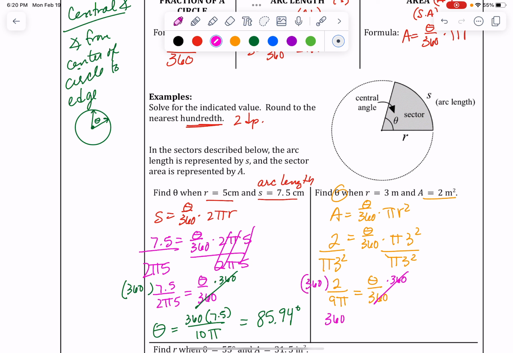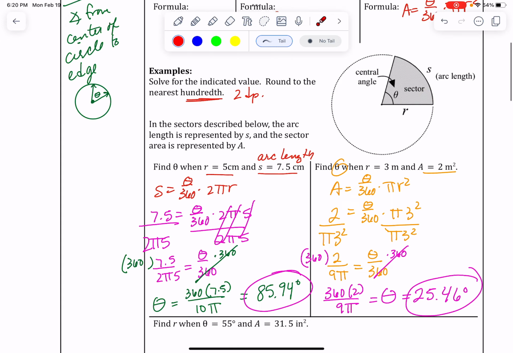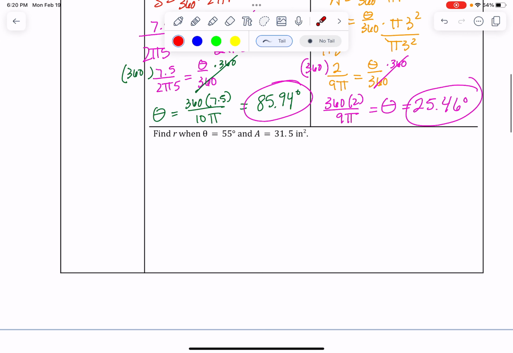So 360 times 2 divided by 9 pi equals my theta, which is 25.46 degrees. So it's just the algebra and moving things to solve for a piece other than the way the formula is set up.